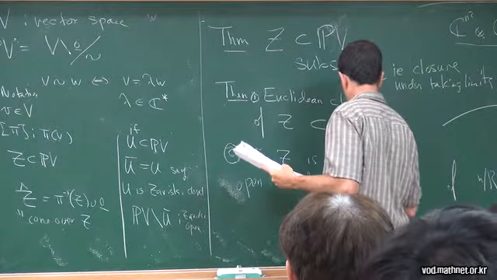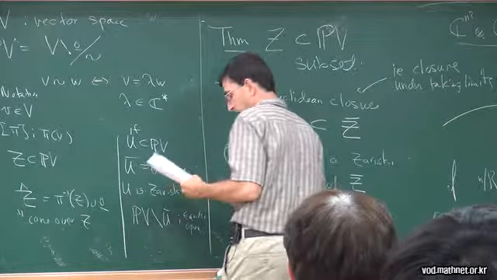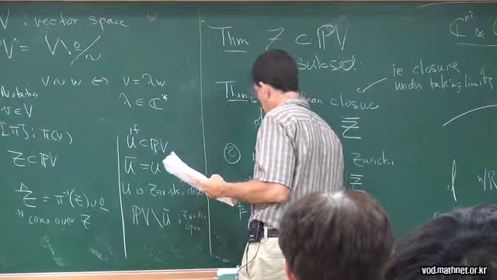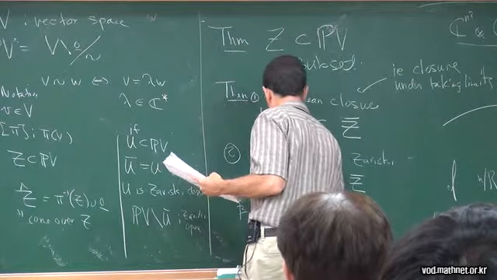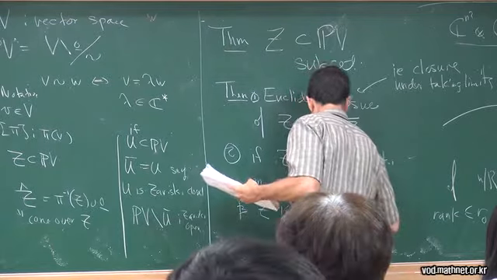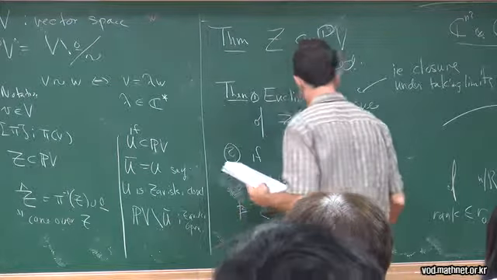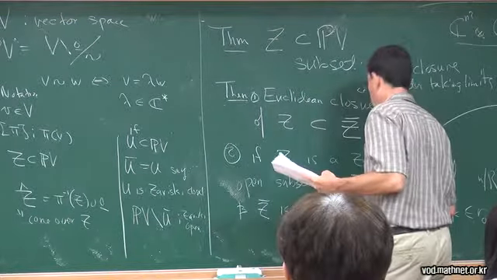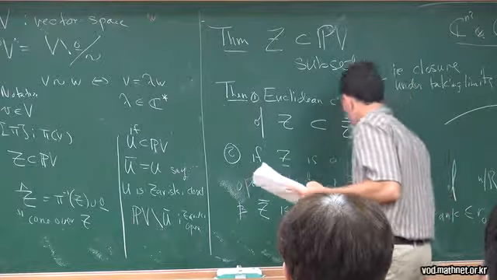If Z is a Zariski open subset of its closure, and Z bar is irreducible, I forgot to define that, but I will later, then the two agree.